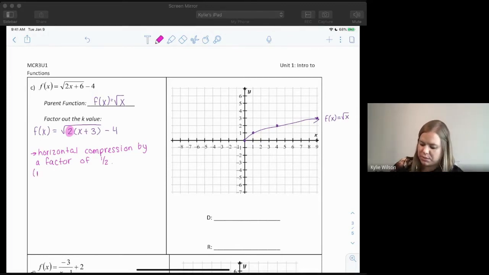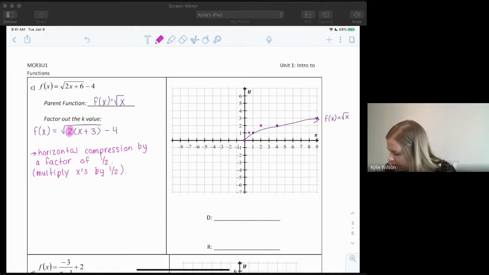So we're going to multiply our x's by a half. So let's look here. Multiply all of our x's by a half. There we go. Let's run over this.